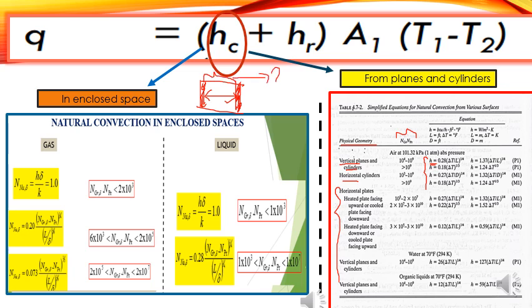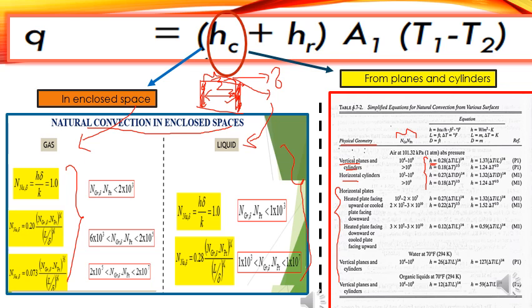is symbolized as sigma. In order to use this equation, we have to first identify what sort of fluid fills up the gap here, whether it is liquid or gas. If it's gas, then you have to use the list of equations here. If it's liquid, then you have to use the equations listed down here.